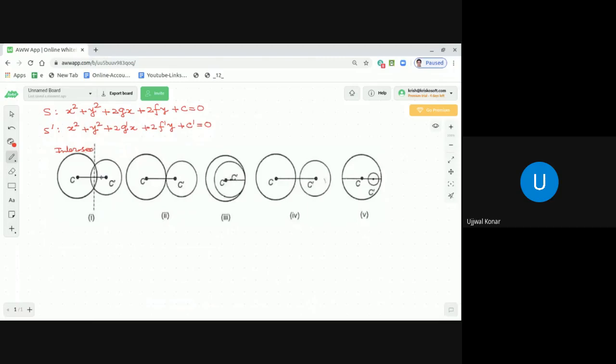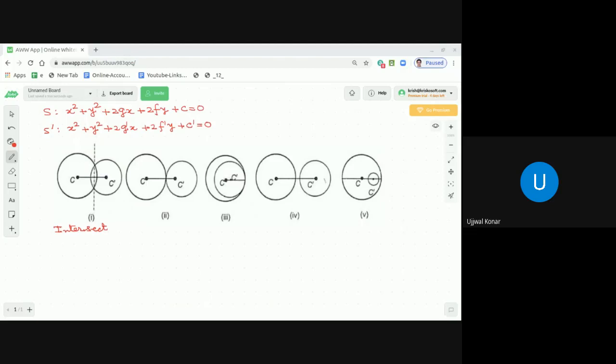So the first case is that they intersect.